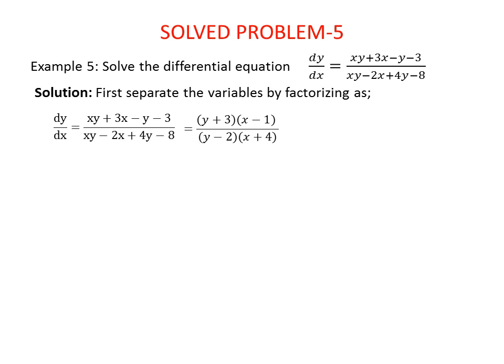So our factors become y minus 2 and x plus 4. So the equation is now in factorized form. Now dy by dx is equal to y plus 3 multiplied by x minus 1, whole divided by y minus 2 multiplied by x plus 4.